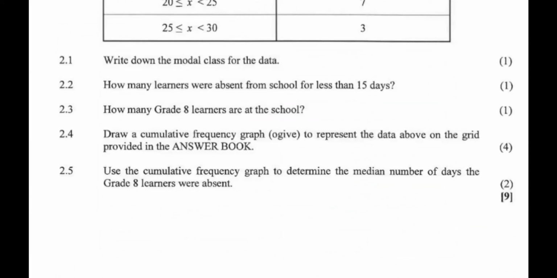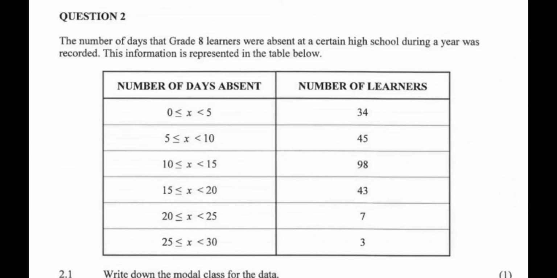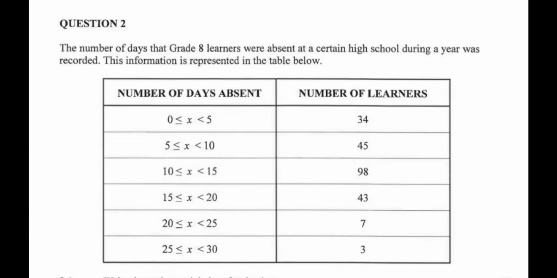Now, question 2.1, write down the modal class for the data. We describe a mode as the term that appears the most, or the one that has the highest frequency.